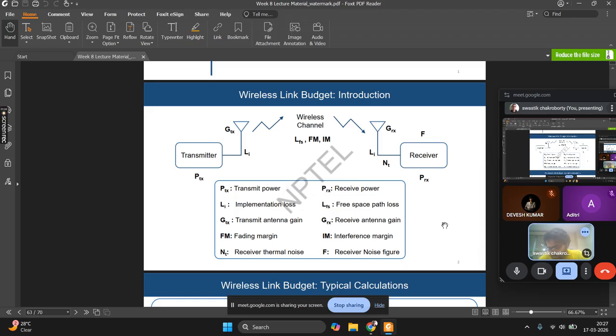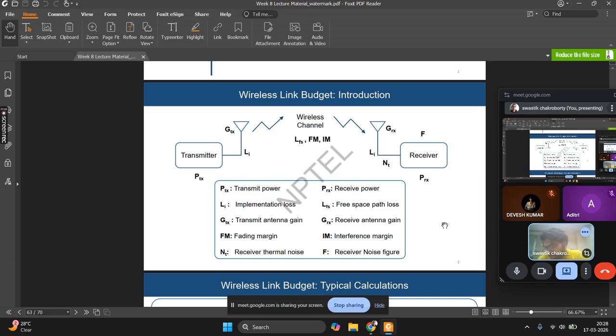Because the threshold is minus 90, if you are transmitting power at say 0 dB and you finally get different kinds of loss, and finally the receiver gets minus 70 dB, you are transmitting 0 dB and all the deductions finally give you minus 70 dB.